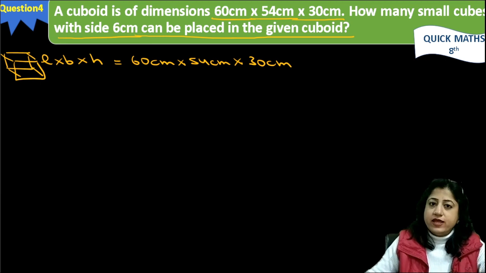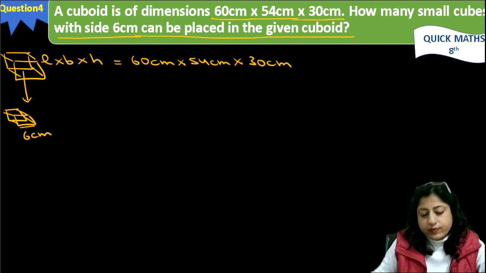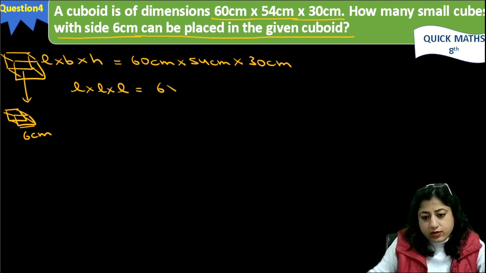We have to place small cubes of side 6 centimeter into it. Small cubes of side 6 centimeter means in the cube all the lengths are equal, so L into L into L, which is 6 into 6 into 6.